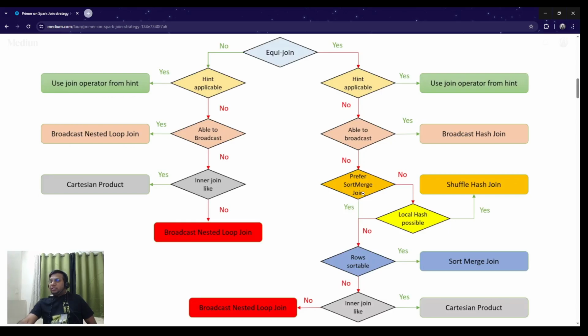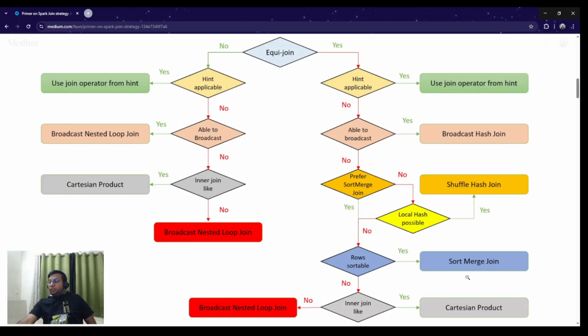So if that is not the case, it will go back here. But if we have disabled that flag, then it will check whether we can create a local hash. Because in shuffle we shuffle data to the executors which have the same keys. So if the local hash is possible, it will go to the shuffle hash join. If not, then again it will go to the sort merge join.